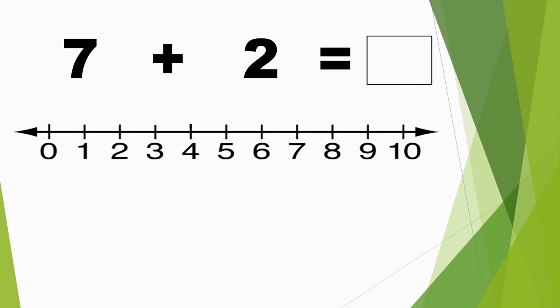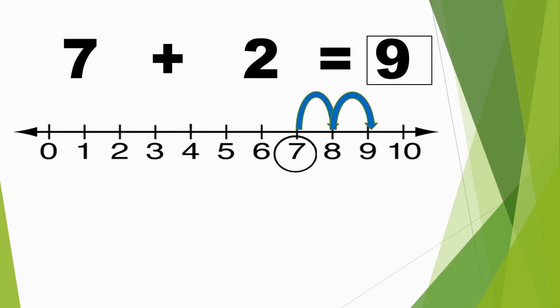In this case, I have the bigger number written first, that is 7. So I start with 7. Now I need to add 2. It means I need to hop 2 times. 1 time, 2 times to come to 9. So my answer is 7 plus 2 is equal to 9.